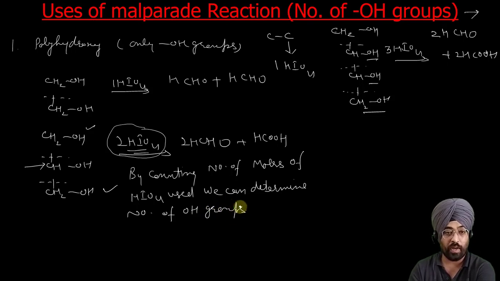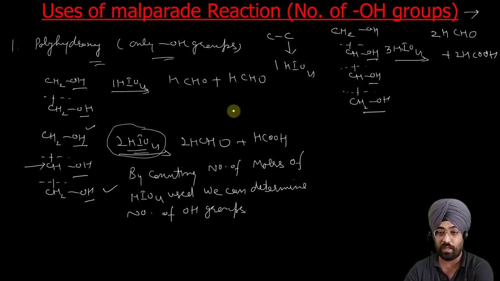So when the compound contains only OH groups, it is a polyhydroxy compound, and then we can find a generalization. For 2 OH groups, 1 mole of HIO4 is used. For 3 OH groups, 2 moles of HIO4 are used, and for 4 OH groups, 3 moles of HIO4 are used.